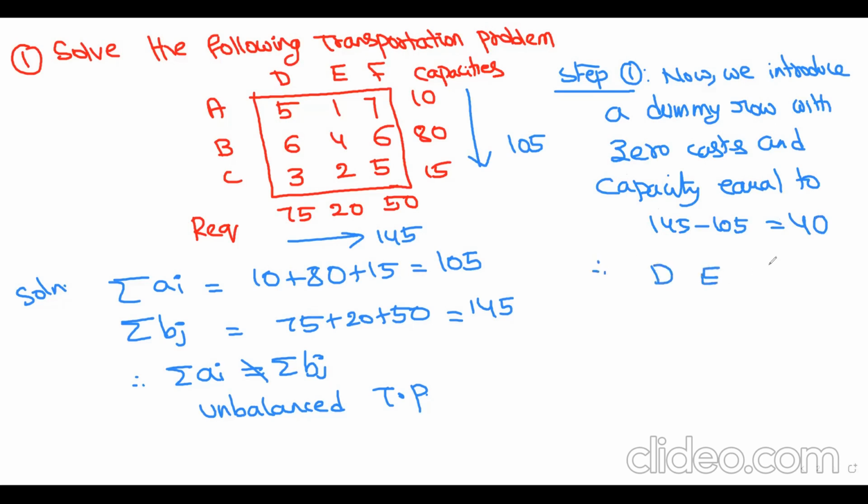Here we have D, E, F and A, B, C, with costs 517, 646, 325. Here we have capacities, and here G we introduce, with 0, 0, 0.